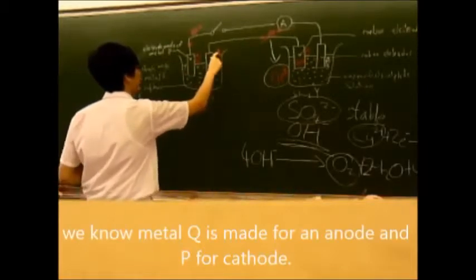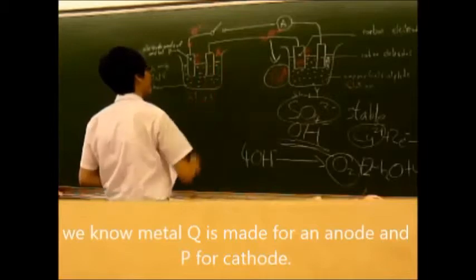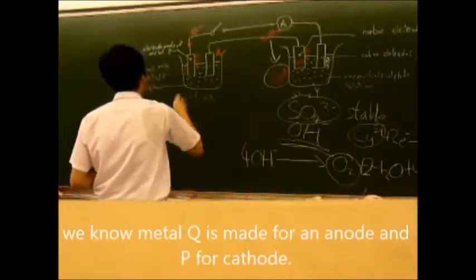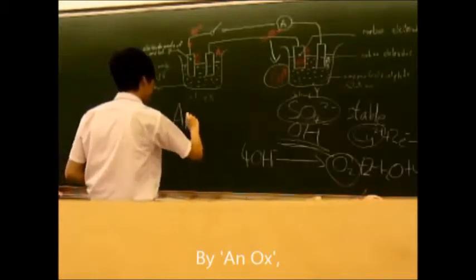We know metal Q is made for an anode and P for cathode.